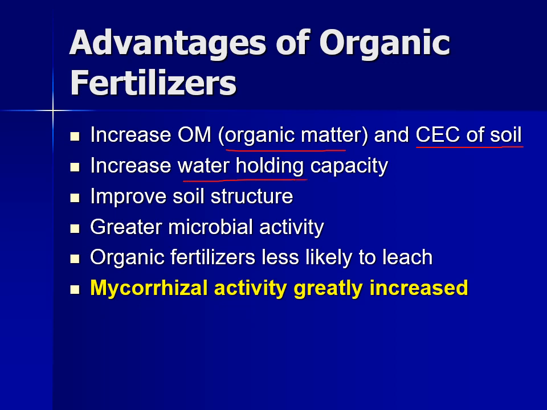They also enhance water holding capacity, improve structure, enhance bacterial populations, which will also accelerate more mineralization if you add more organic fertilizer. And there's some evidence that there's somewhat reduced leaching of organic nutrients, mainly because there's just less fertilizer present with organic. So if you have a lot of rain leaching it, there's less to wash away.